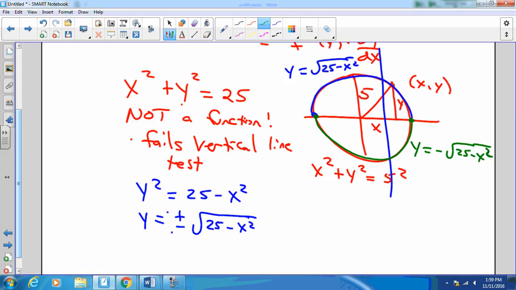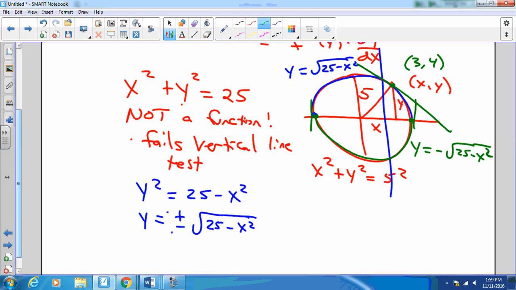Yeah, I sure can. I can go to some point right here, maybe my point is (3, 4), and I can draw a line that is tangent to my circle at the point (3, 4).